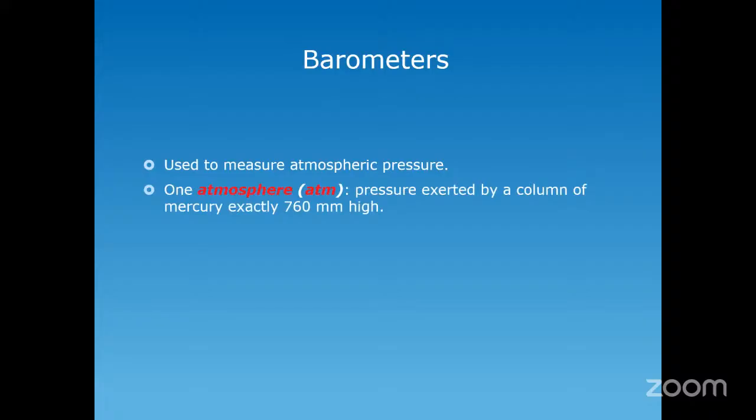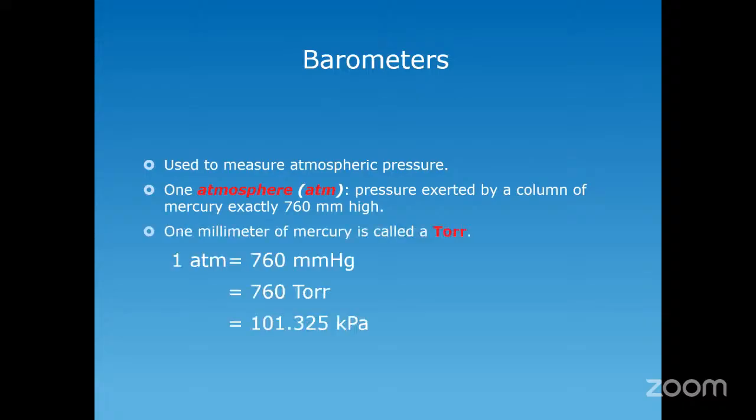This is where we get a definition of 1 atmosphere, in relation to the millimeter mercury unit that we're going to see how this works. 1 atmosphere is the pressure exerted by a column of mercury that is exactly 760 millimeters high. We're going to see how that works. And this is just a rehash of some of the relationships that we just talked about: the relationship between the atmosphere unit, the millimeter mercury unit, the torr unit and the kilopascal unit.